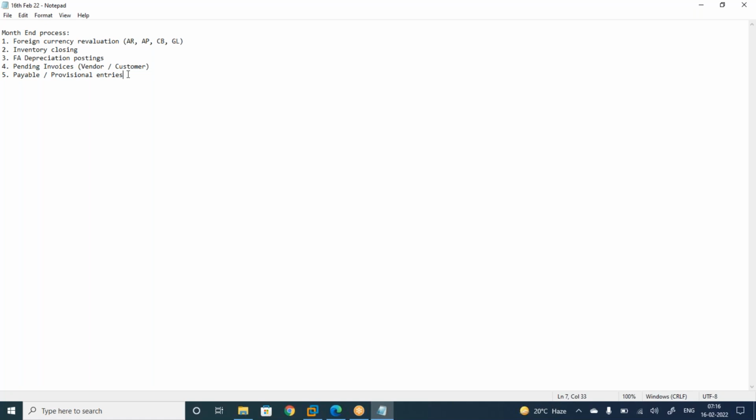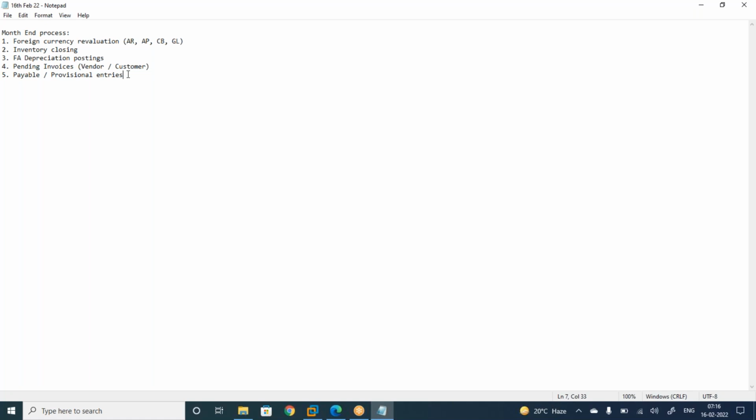I want to give you a little more detail, because for science people, whatever these commerce people are speaking, you may not understand the words, so I will give you an example so you can understand easily. Example: rent. The rent amount is for Feb 1st to Feb 28th, but I am paying the rent expenses in the first week of March. So the expenses are booked in the first week of March, but they belong to last month.